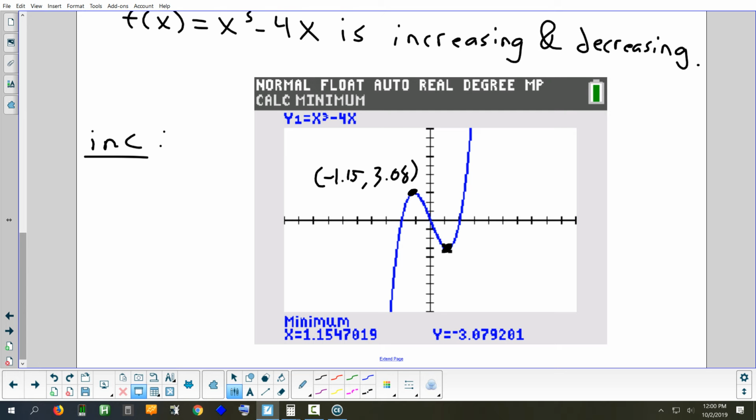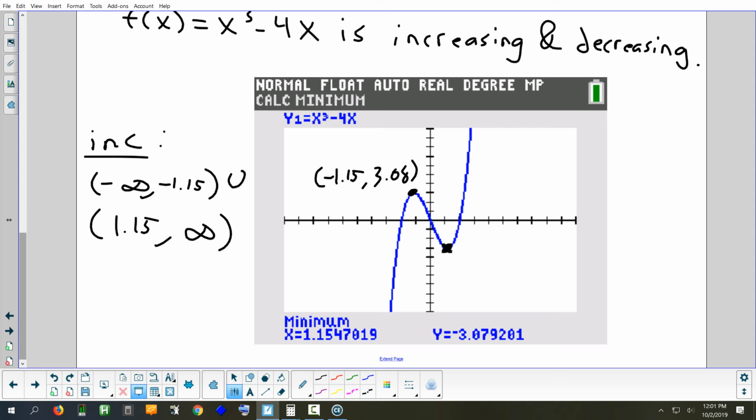The left, up. So we got to use numbers here. Yep. Numbers, or if it's an unbounded interval, there might be an infinity in it somewhere. So, negative infinity to negative 1.15. I agree, from negative infinity to negative 1.15, it's increasing. Yep. And 1.15 to infinity.